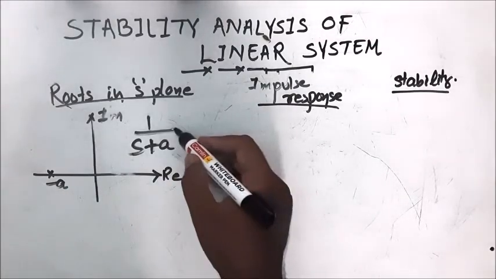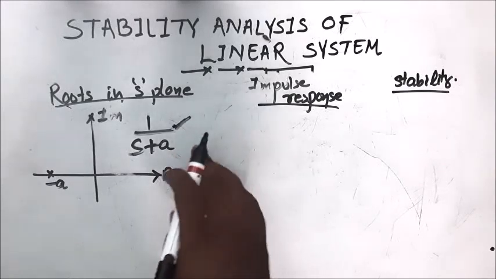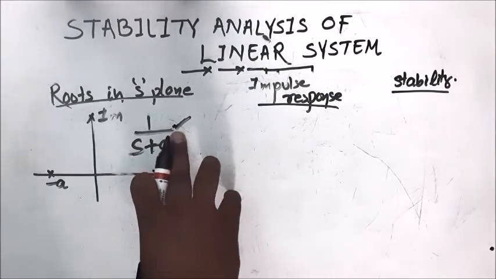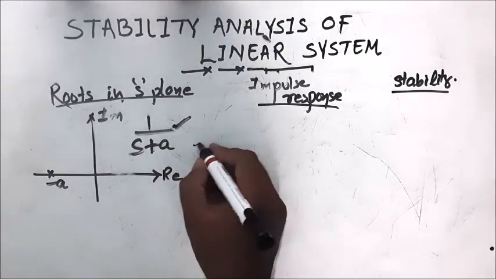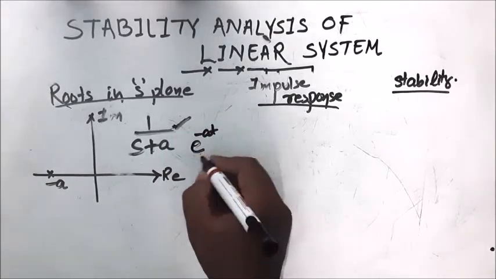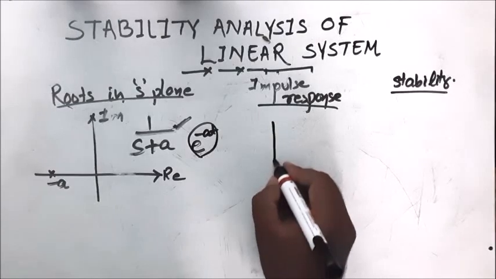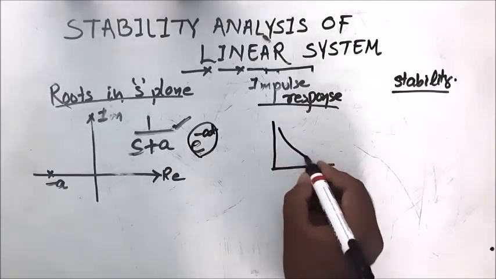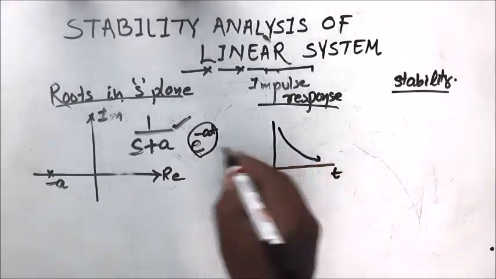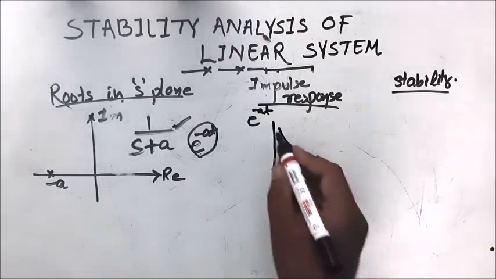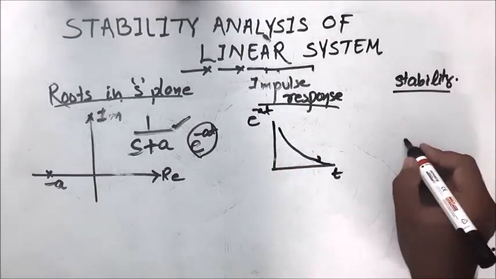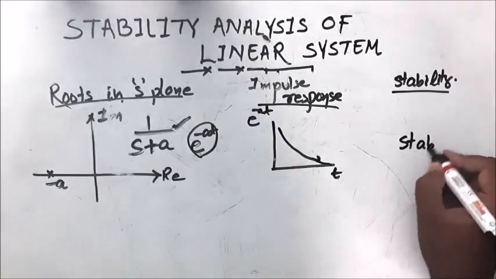If you take the inverse Laplace transform, it comes to e to the power minus at. The response will look like this. This is t and this is e to the power minus at, and after some time this becomes 0. So this is a stable system.